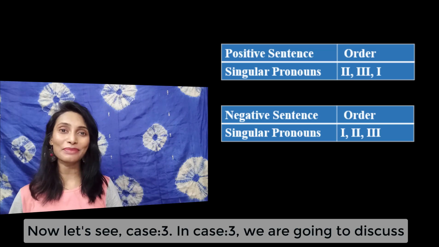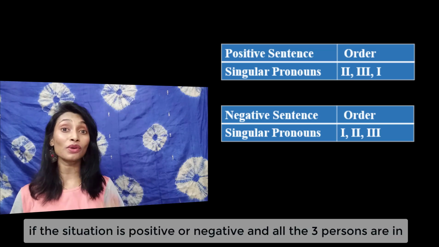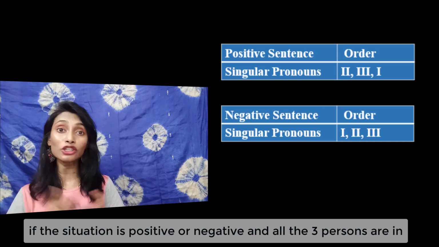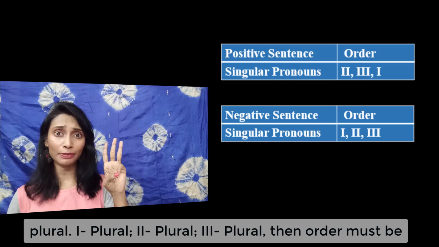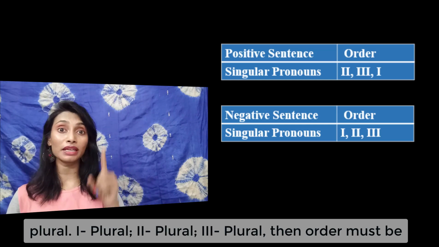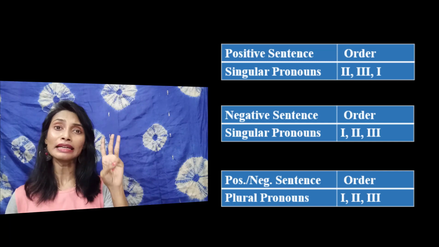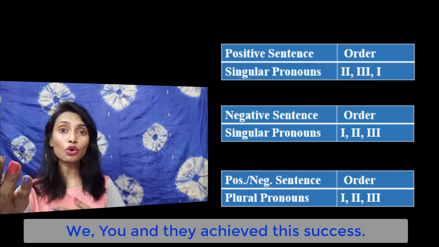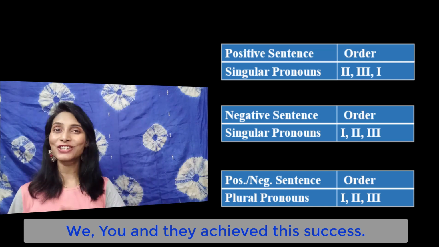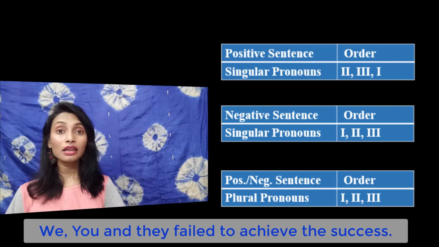Now let's see case number 3. In case number 3, we are going to discuss if the situation is positive or negative and all the three persons are in plural. First person plural, second person plural, third person plural. And the order must be first person, second person, third person. We, you and they achieved this success.